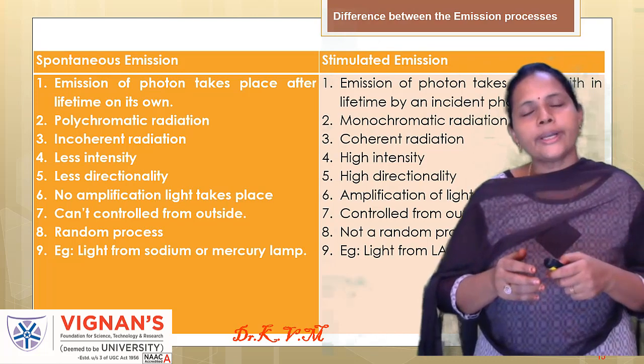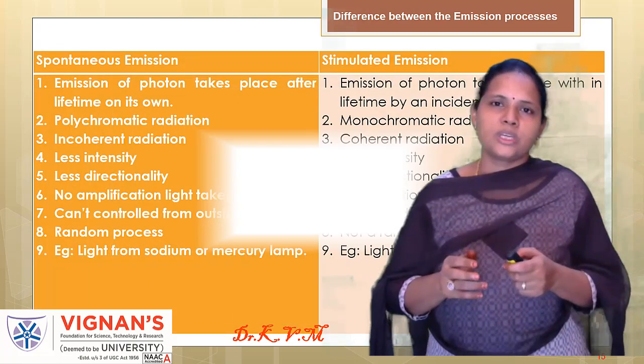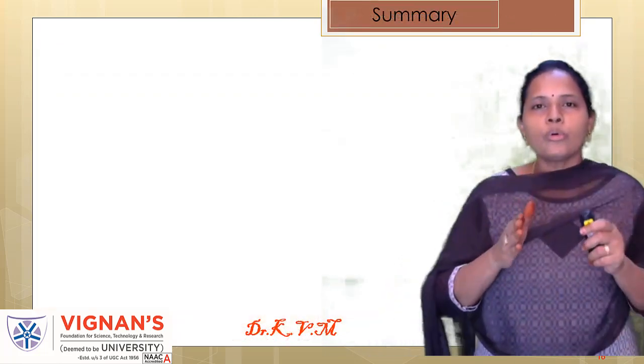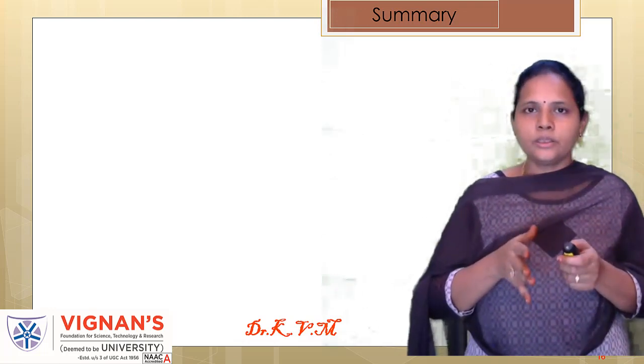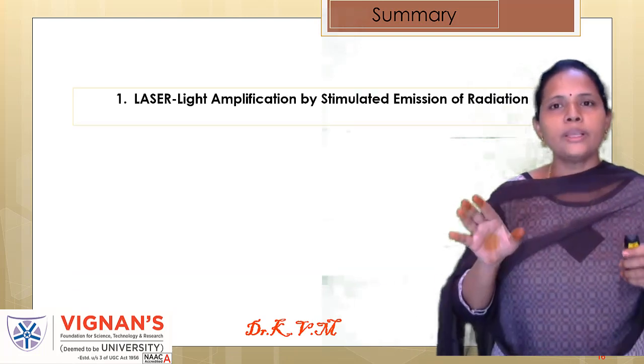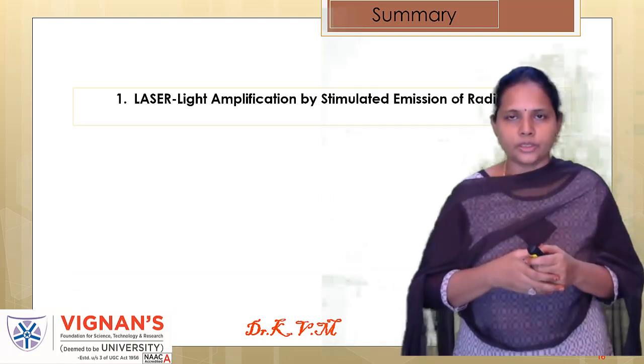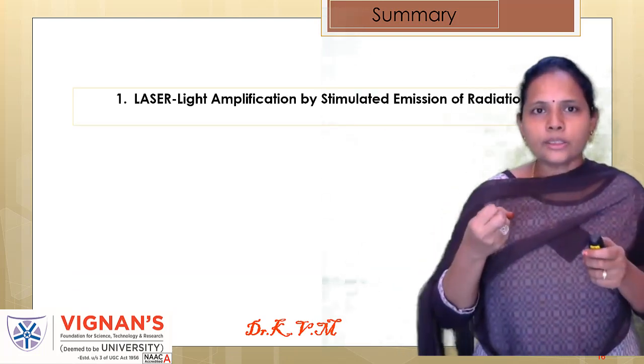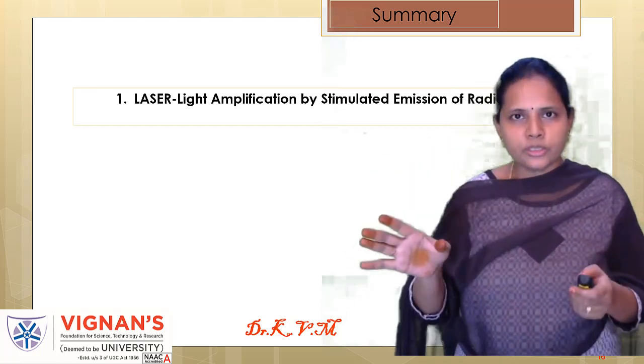Let us consolidate or summarize the whole session. We are learning about the laser. The acronym of laser is light amplification by stimulated emission of radiation. As we know, the laser has wide applications.